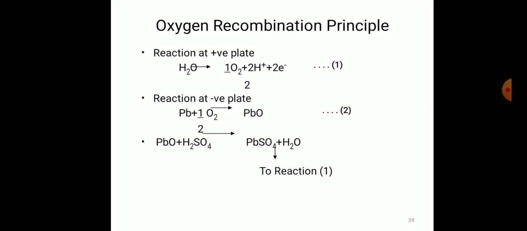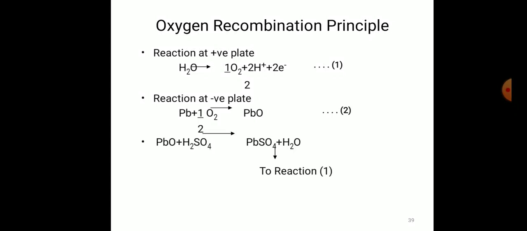You can see the reaction at the positive plate: H2O divided into half O2 plus 2H plus, and 2 negative electrons are released. The reaction at the negative plate: lead plus O2, that is lead oxide, plus electrolyte, that is H2SO4.